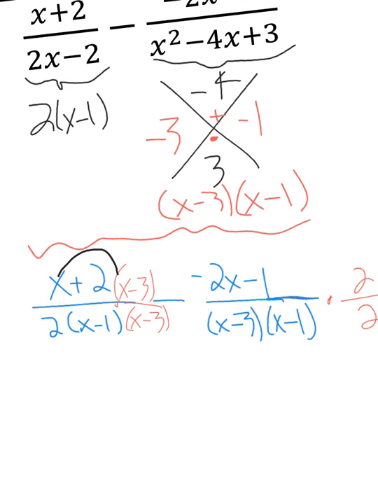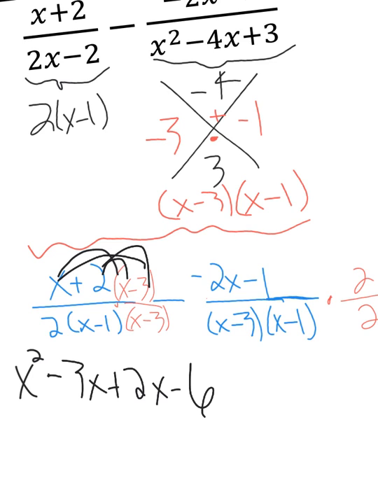So let's do x times x, that's x squared. Then x times -3, that's -3x. Then we have 2 times x, so that's positive 2x. 2 times -3, that's -6. And this one's kind of tricky here because we're going to do 2 times -1 and 2 times -2.